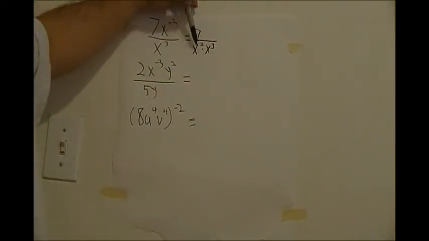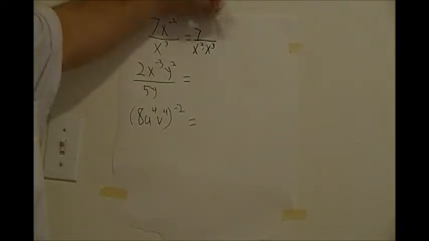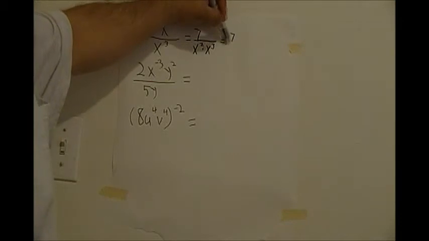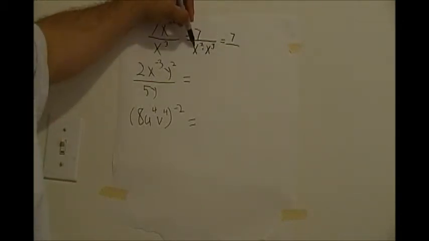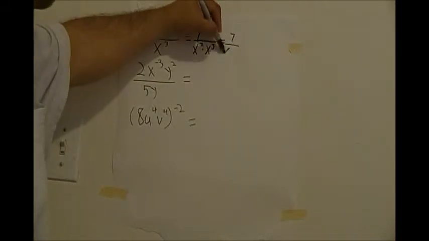Now we have 7 over x squared times x cubed. This is merely multiplying 2 exponents, so the rule is to add the 2 powers. So it becomes 7 over x to the 2 plus 3, which is x to the 5th power.